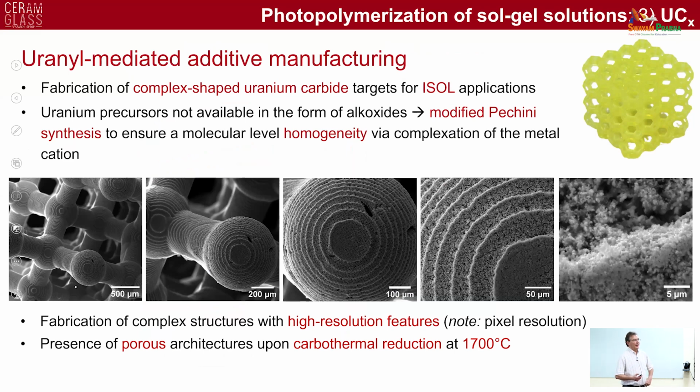And in Germany, the student was able to use a precursor for uranium, and she used the modified Pechini synthesis to have a molecular level homogeneity of the precursor within the structure of the material, and after pyrolysis, the printed material retained the shape and the structure.